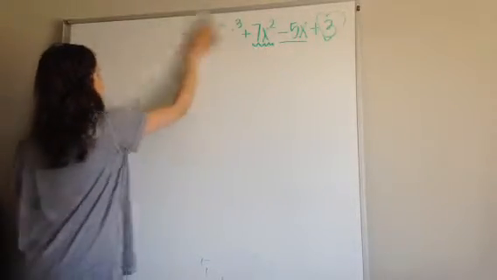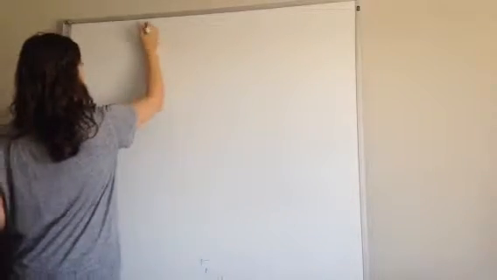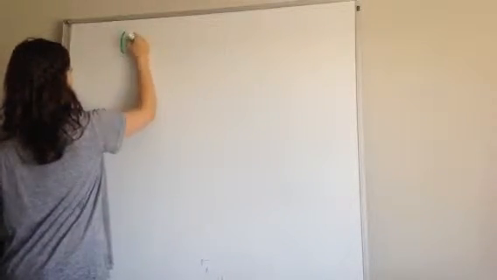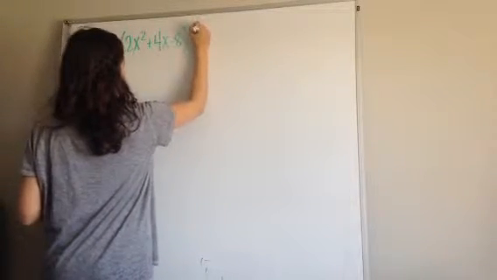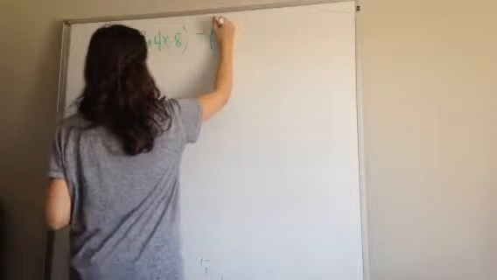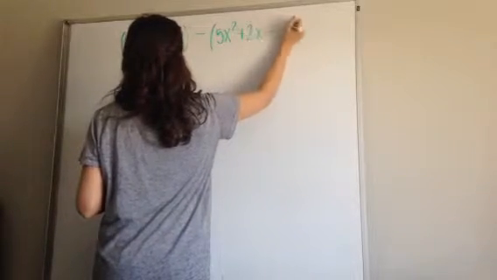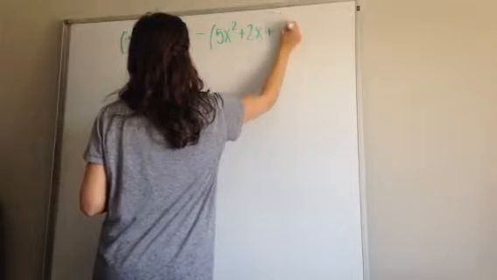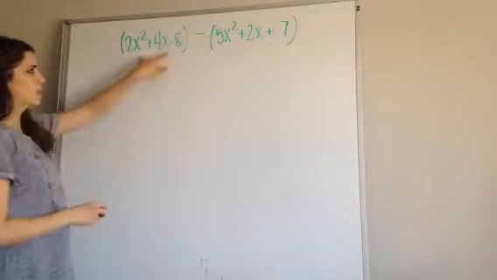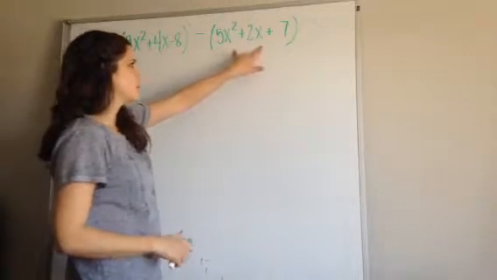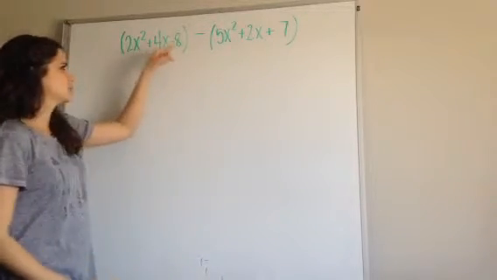Now what if I have something like this? For this one, we have a polynomial minus another polynomial. When we are subtracting one of them, you can see that there are parentheses.